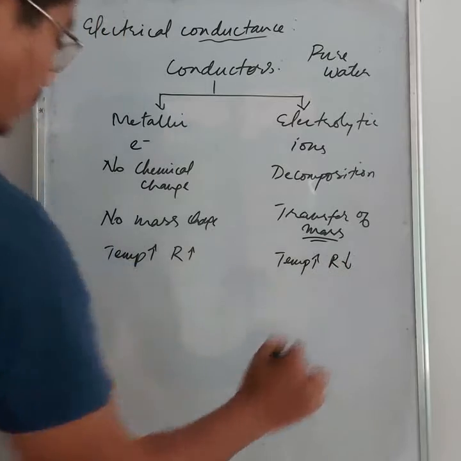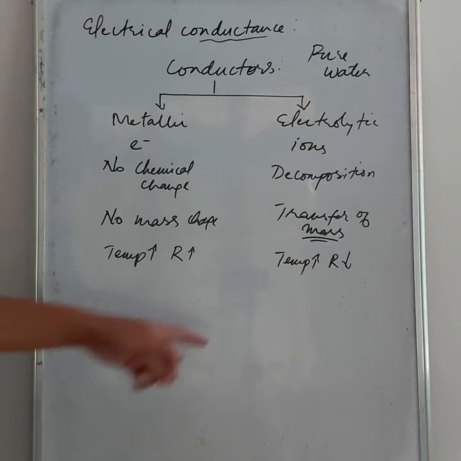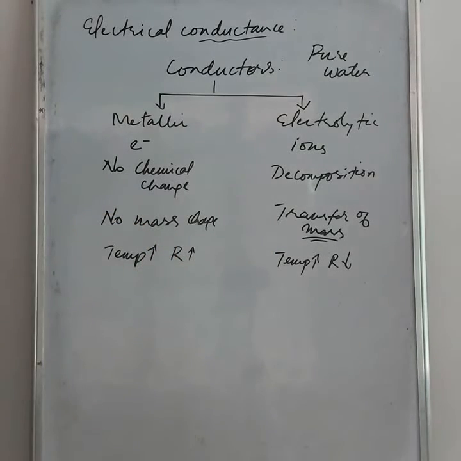The resistivity goes down, because once you raise the temperature in a solution containing electrolytes, there will be more movement of the ions. Therefore, there will be more conductivity. So these are some of the differences between the metallic and the electrolytic conductor. You can also go through those things.